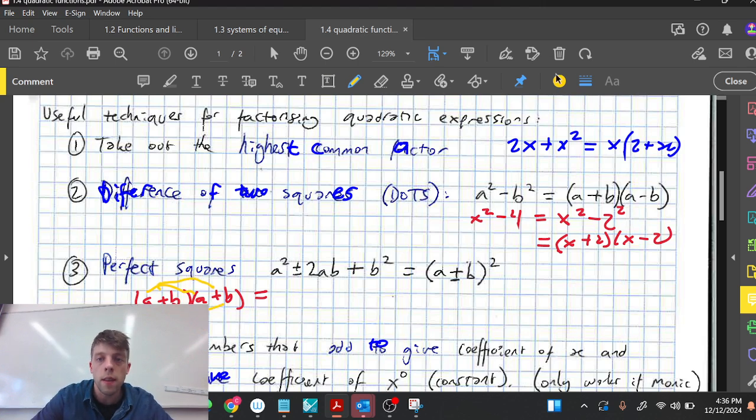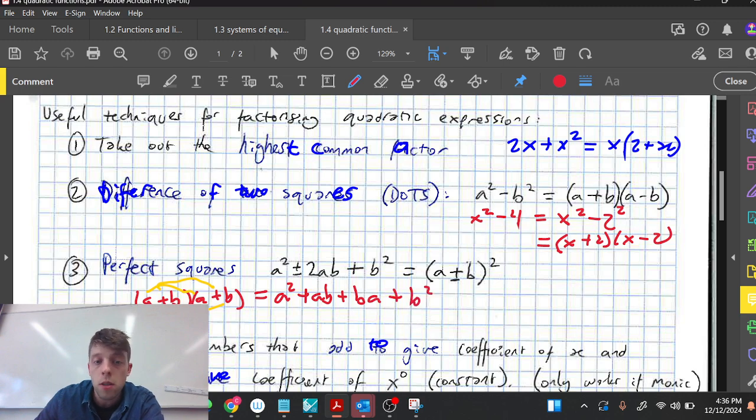So if we have a look at that, the first two terms are going to be equal to a times a, which is a squared. The outer term is a times b. The inner term is b times a. And then the last term is b times b.